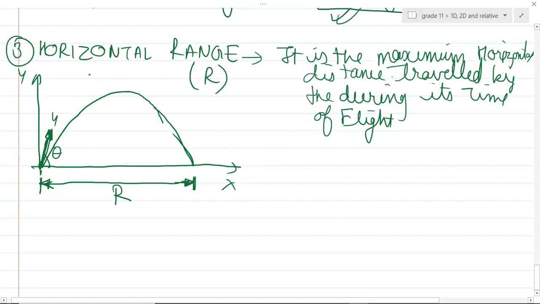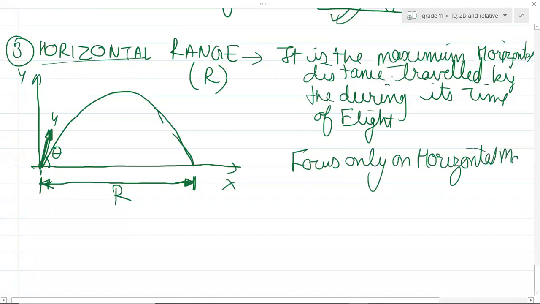Now, please remember, for horizontal range, obviously you won't be seeing the vertical thing, right? So here we need to focus only on the horizontal motion. Now, let's say from t equals 0 till t equals T, this object was moving with velocity u cos theta. And what was the acceleration in the x direction?